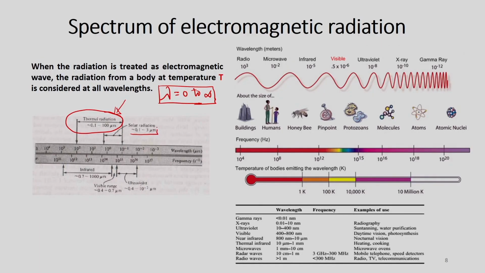So, at that temperature we get solar radiation, and that wavelength falls in the range of 0.1 to 3 microns, and under this solar radiation spectrum we have the visible range which falls in the wavelength 0.4 to 0.7 microns. And when we talk about infrared, its range is 0.7 to 1000 microns, and in ultraviolet it is about 0.4 to 10 to the power of -2 microns.